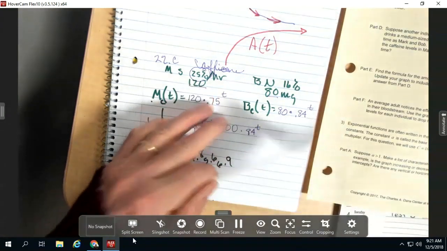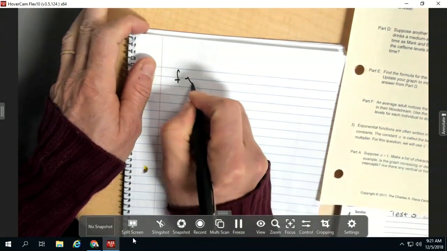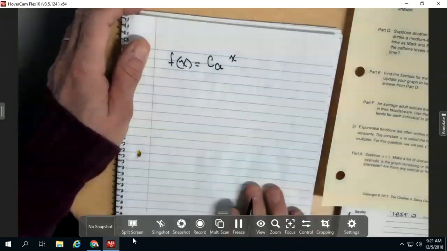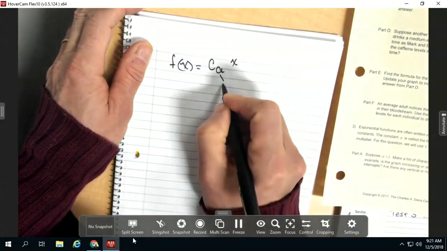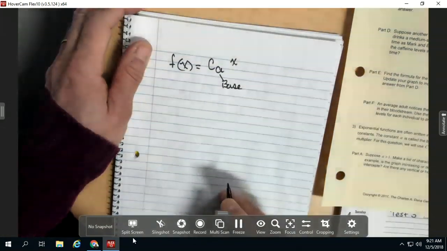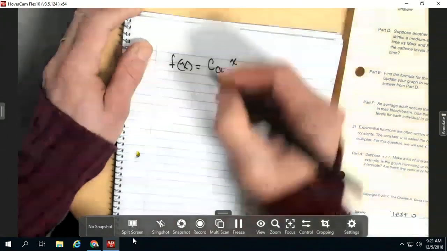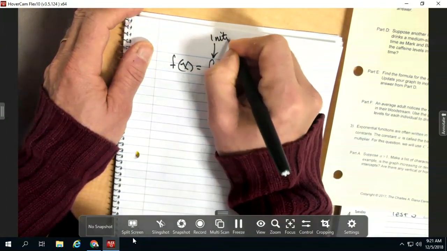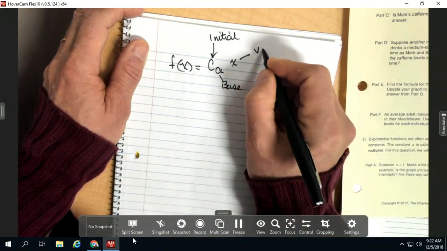Next one. Generalization. F of x equals c a to the x. This is the base. This is the initial value. And the exponent is the variable.